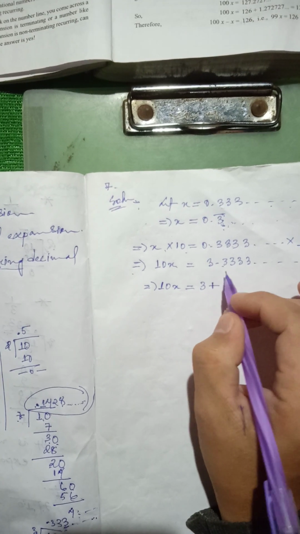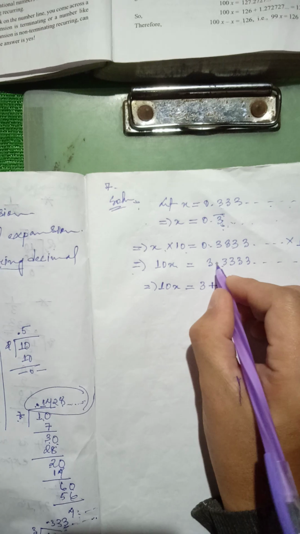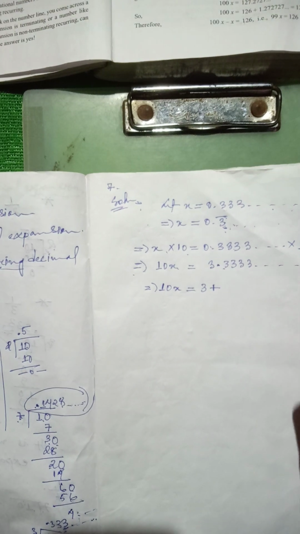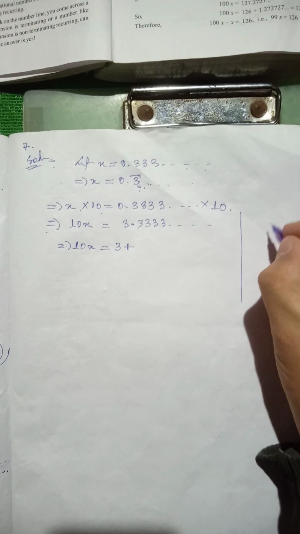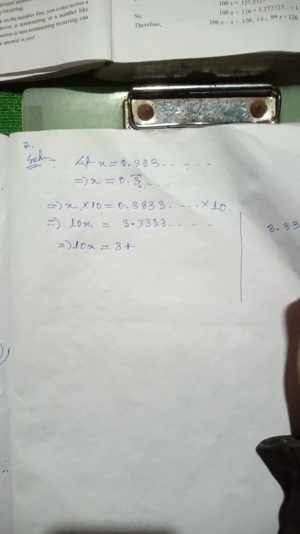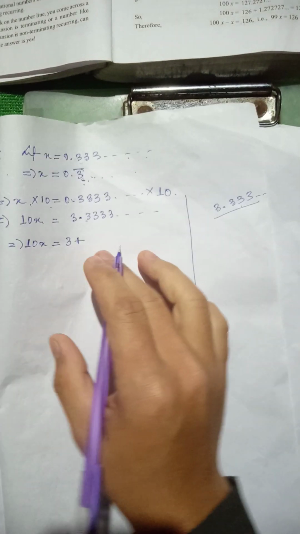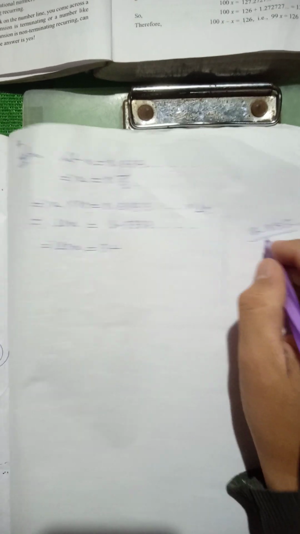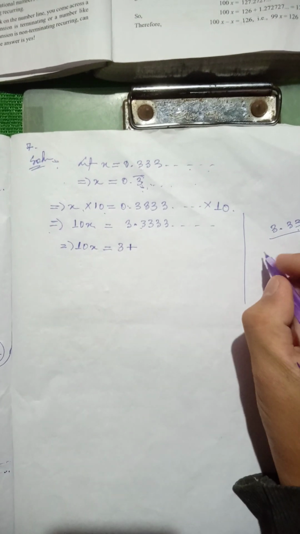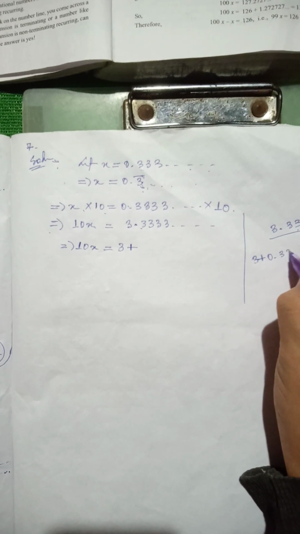Plus, here there is a point, so at this point you have to make it in the form of plus. So 3.333, if you want to make it in the form of plus, you have to do it like this: 3 plus 0.33.